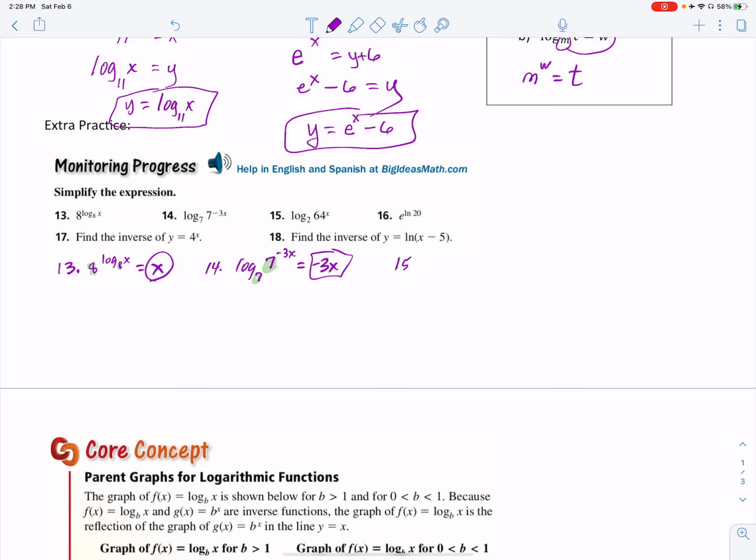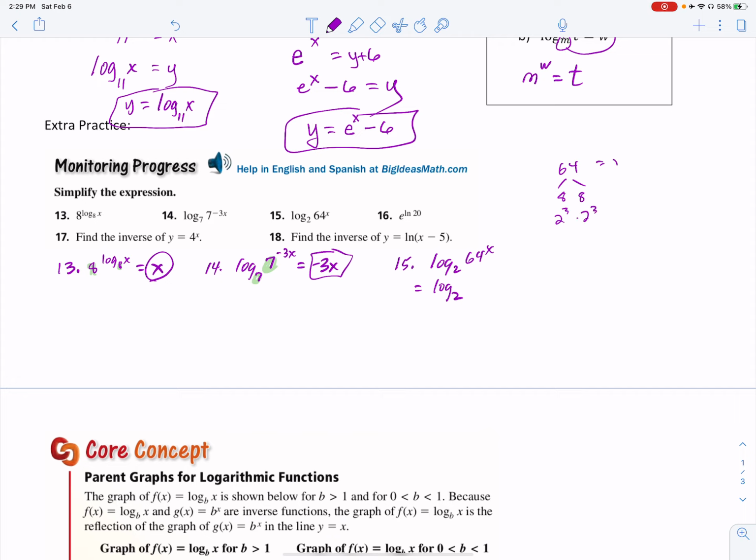On 15, you need to start by rewriting 64 as a power of 2. And 64 is 8 squared. And each of those are 2 cubed.